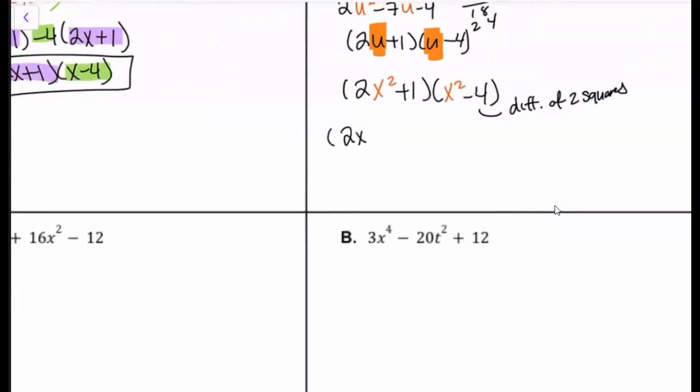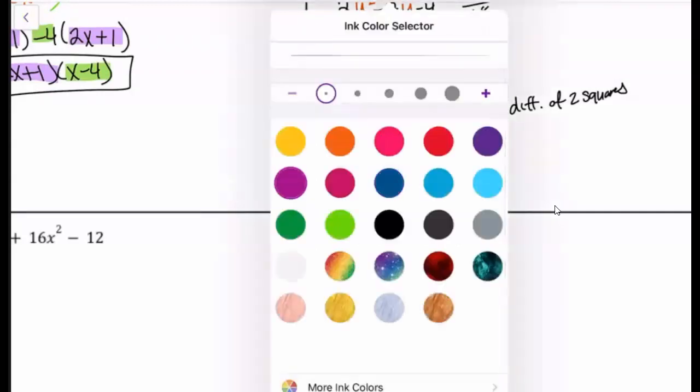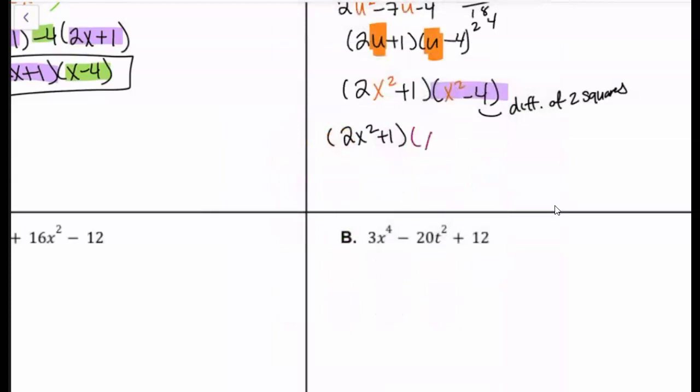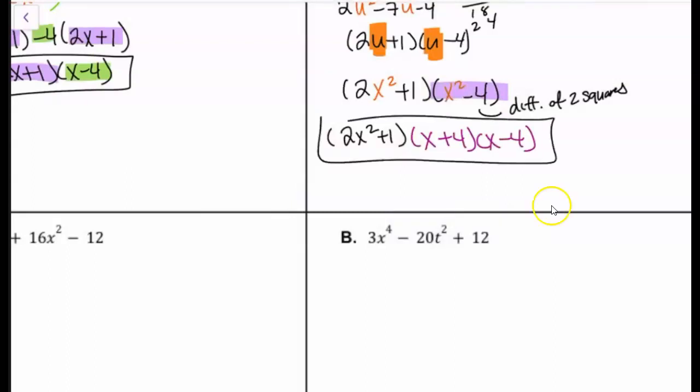My 2x squared plus 1 will stay the same. But this is going to change into, this is purple, x plus 4 and x minus 4. And now that's your answer.